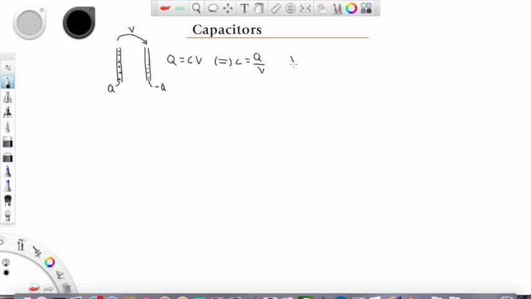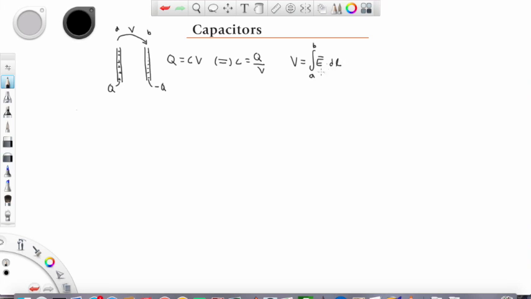Let's call this plate A and plate B. The voltage can be obtained by integrating the electric field as we move over the gap, along the path length.